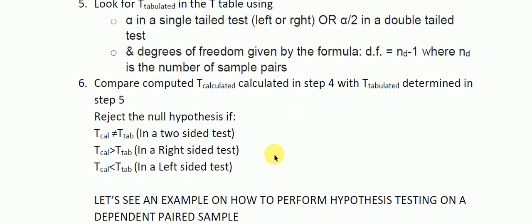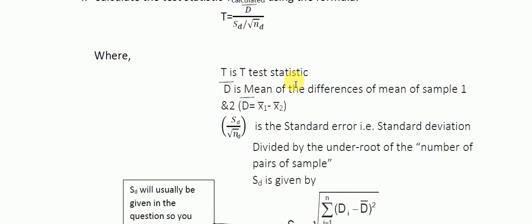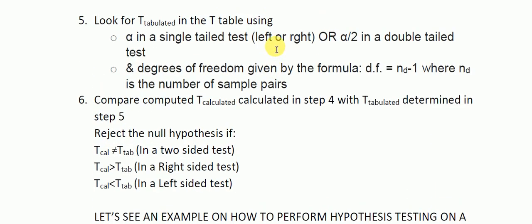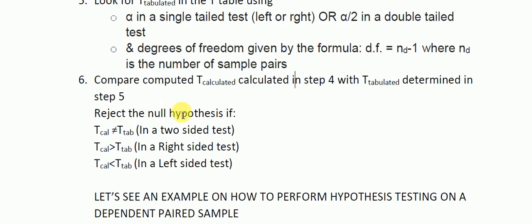So next, we'll have to compare T calculated, which is found out using this formula, with T tabulated, which is found out using this thing. So how do we do that? In a two-sided t-test, if T calculated is not equal to T tabulated, the null hypothesis gets rejected.